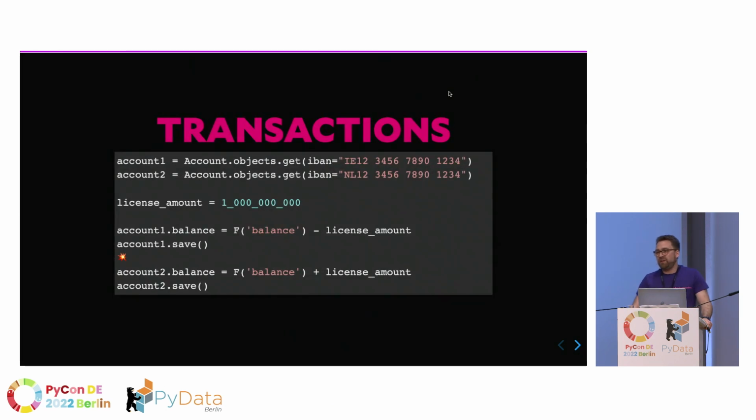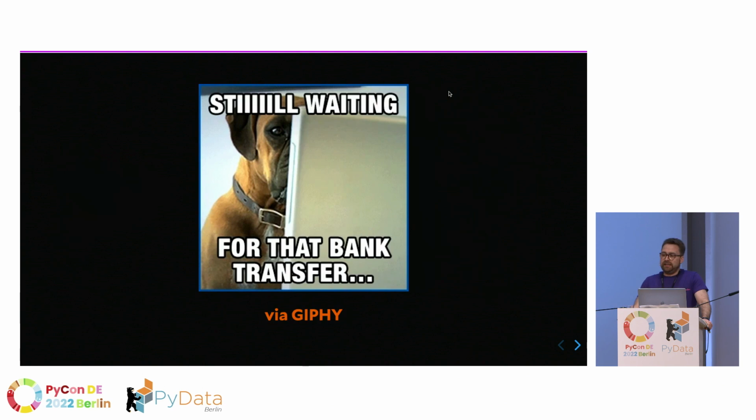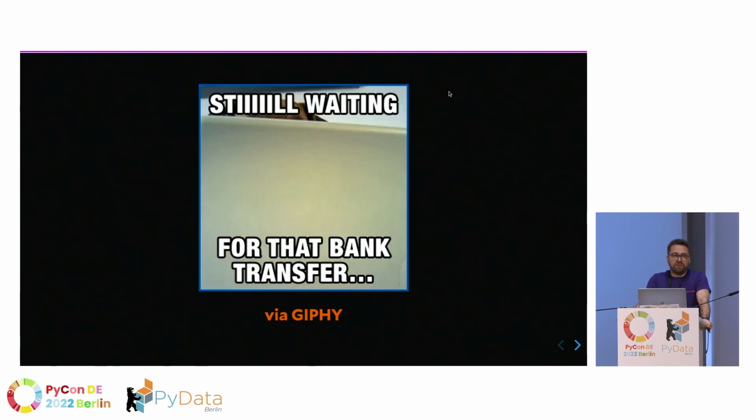But what if in between something weird happens? You have a power outage, your database server is going down, or I don't know what. You don't want to end up in this situation.